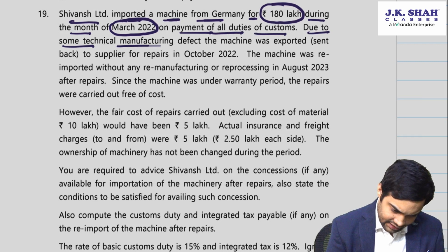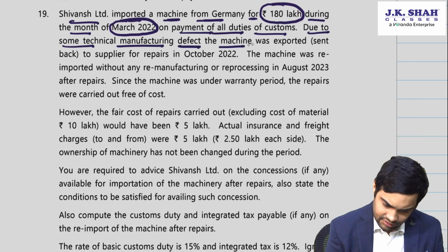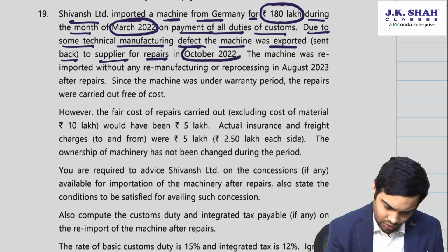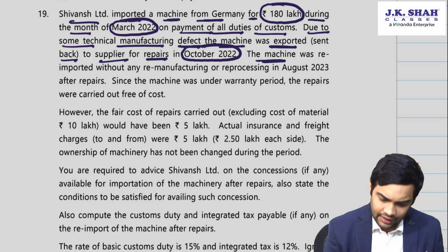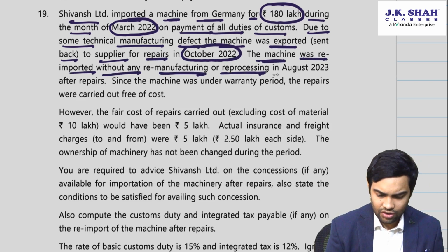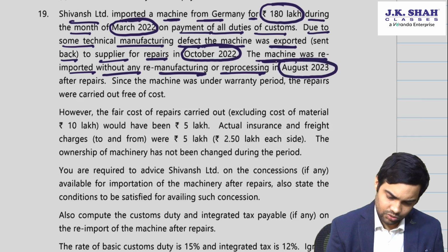Due to some technical manufacturing defect, the machine was exported, that is sent back to the supplier for repair in October 22. The machine was re-imported without any remanufacturing or reprocessing in August 2023 after repairs.